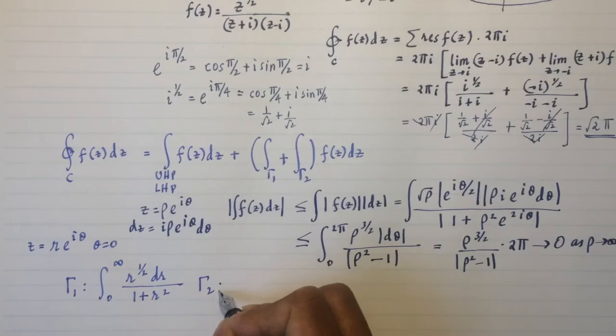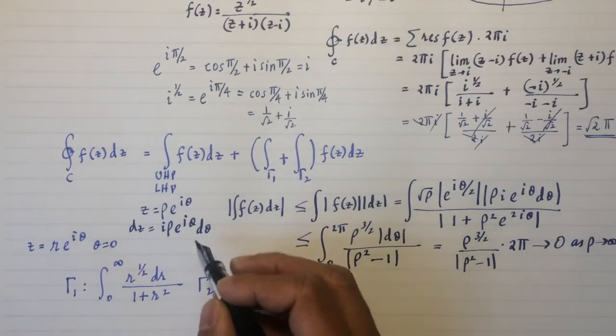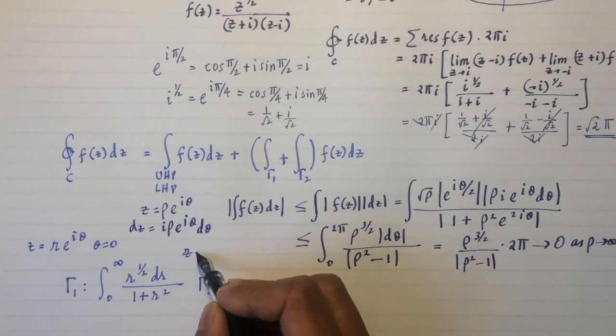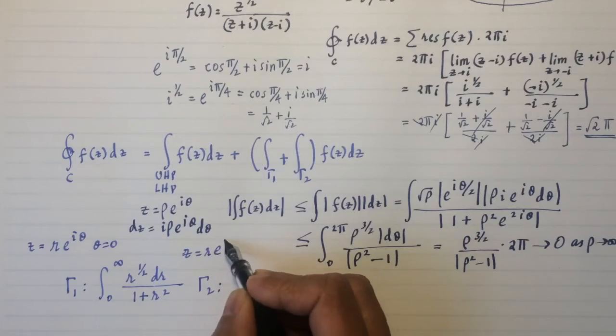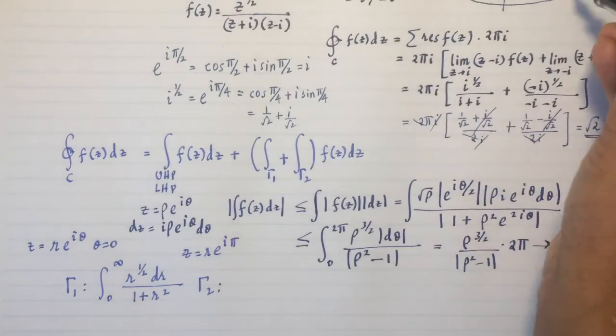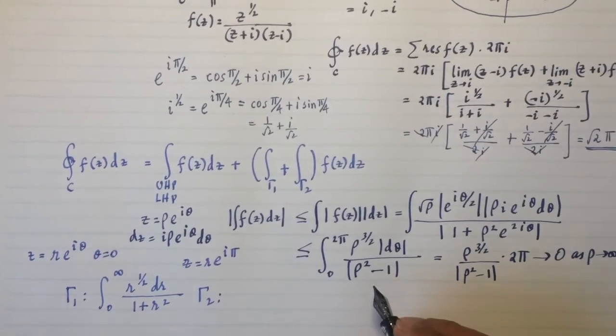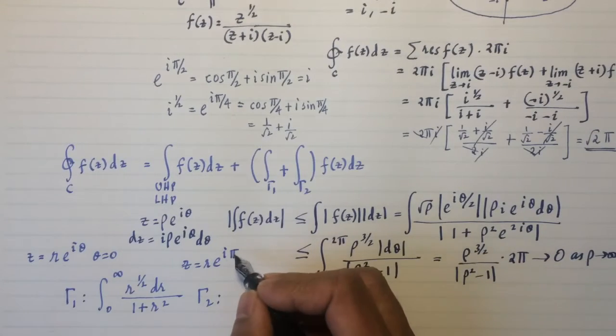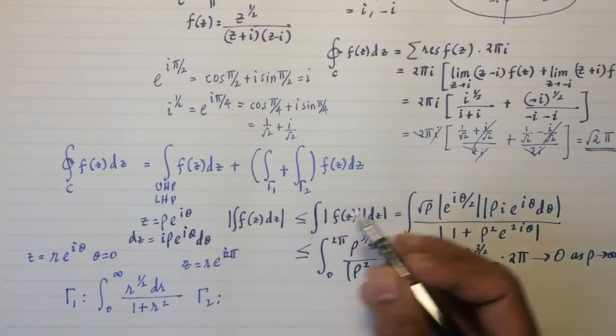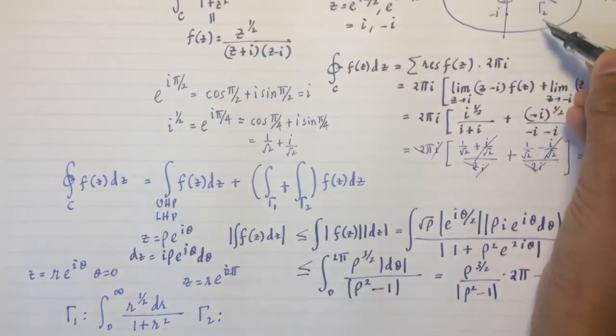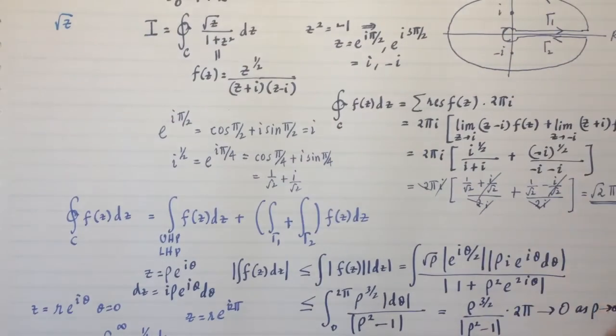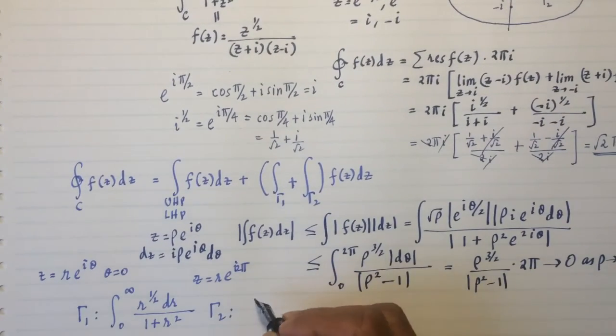For gamma 2, however, we have to consider z equals r e to the i pi, because it's gone around. I did 2 pi, because it's gone around by a 2 pi angle. So that gives me the integral from infinity to 0.